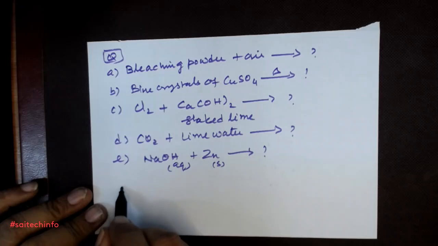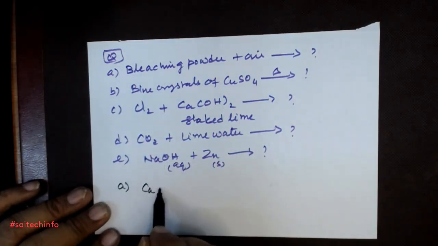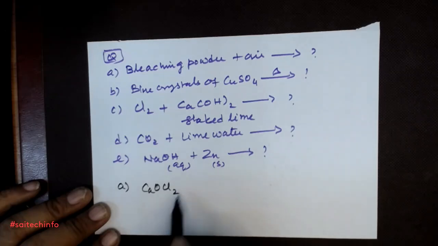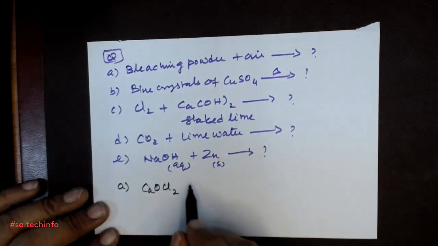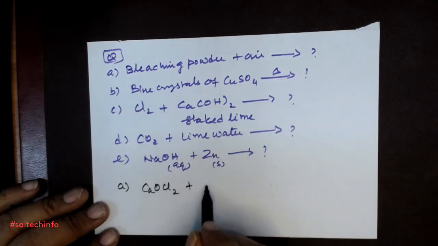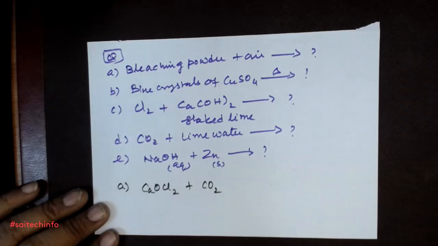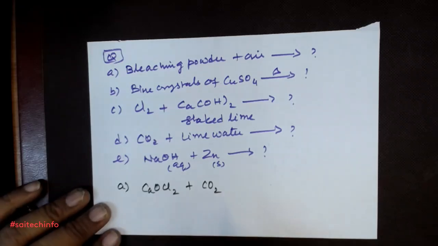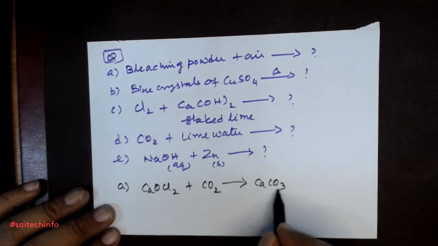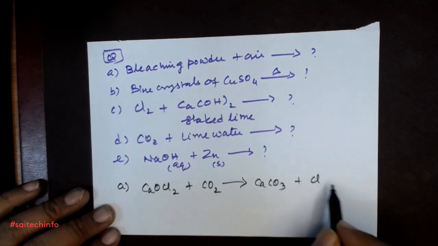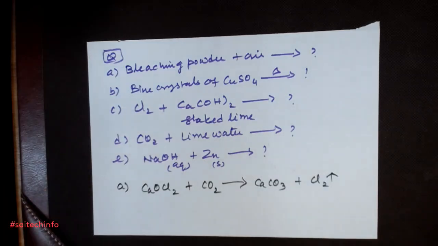A. Bleaching powder is nothing but calcium oxychloride, CaOCl2. That reacts with the carbon dioxide present in air to give calcium carbonate, and chlorine is evolved, and that kills the germs.